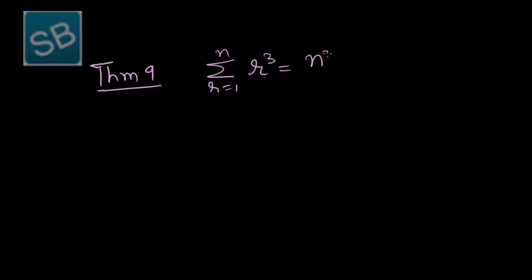Now the next theorem is theorem 9, that involves the sum of cubes, that is, the sum of r cubed from r equals 1 to n is equal to n squared into (n plus 1) whole squared over 4, for all n belonging to natural numbers.